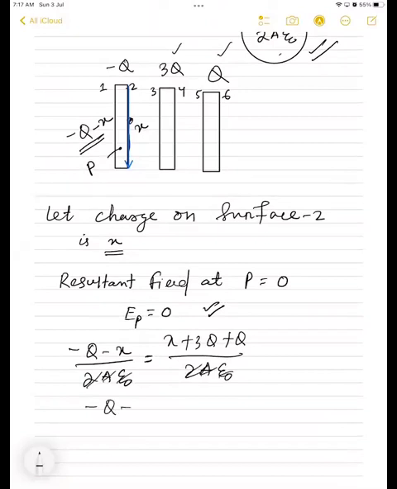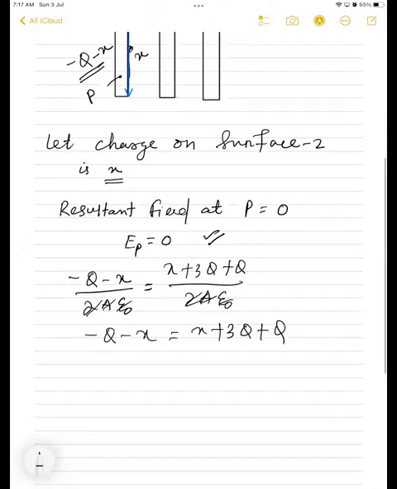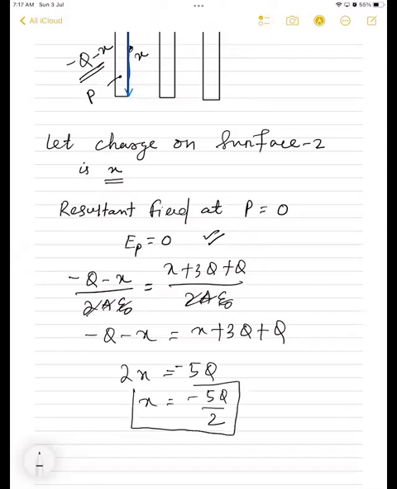So you can write here minus Q minus X is equal to X plus 3Q plus Q. So solve for X. 2X is going to be minus 5Q. So X is going to be minus 5Q by 2. Understood all? If on surface 2 or any plane given in this sequence, you can find the charge. Students, you can find or not?